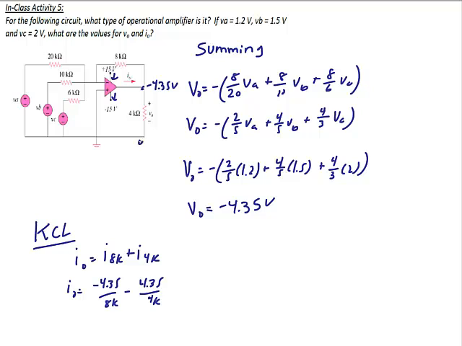Remember, this is ground, so it's 0 volts, and this is 0 volts based upon our ideal assumption, which is why it's just negative 4.35 over 8K. So finally, IO is equal to negative 1.63 milliamps. This concludes our introductory lecture on operational amplifiers.